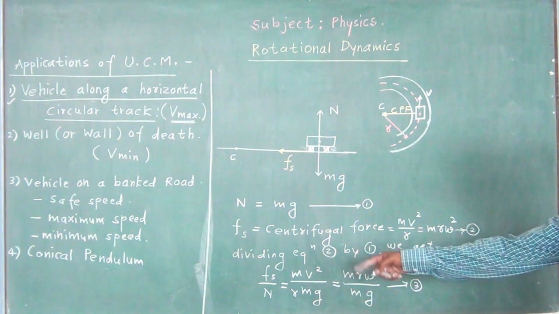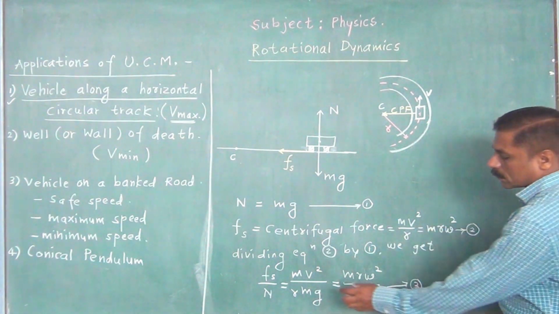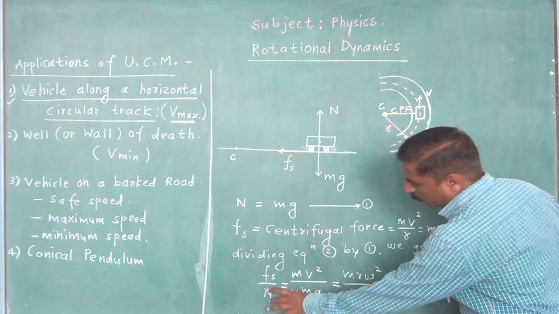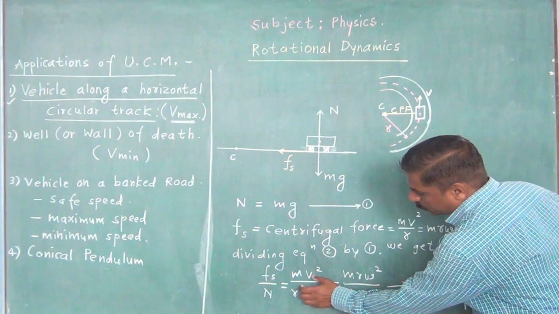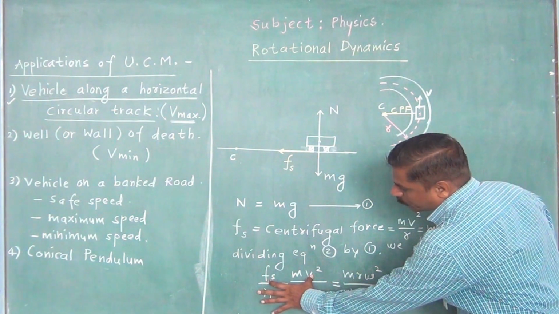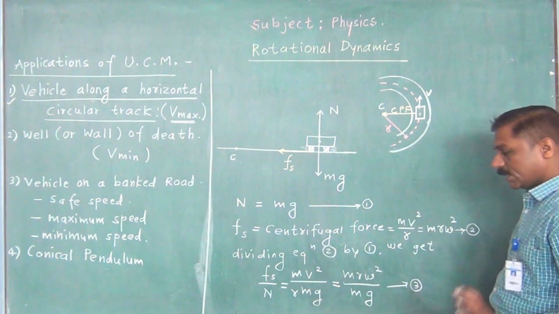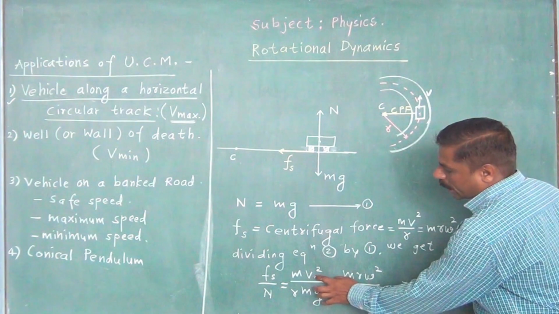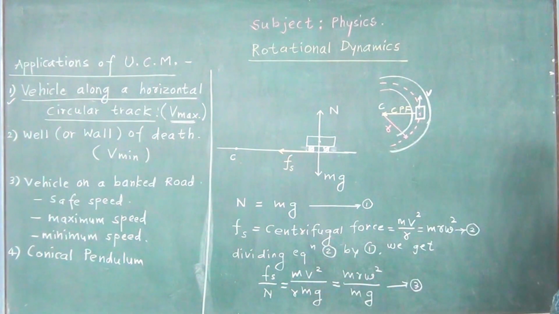Now from this relation, we want to find out the maximum velocity. If we consider these two relations, then this maximum velocity directly depends upon the force of static friction. It means if the force of static friction is maximum, then you can find out the maximum velocity.